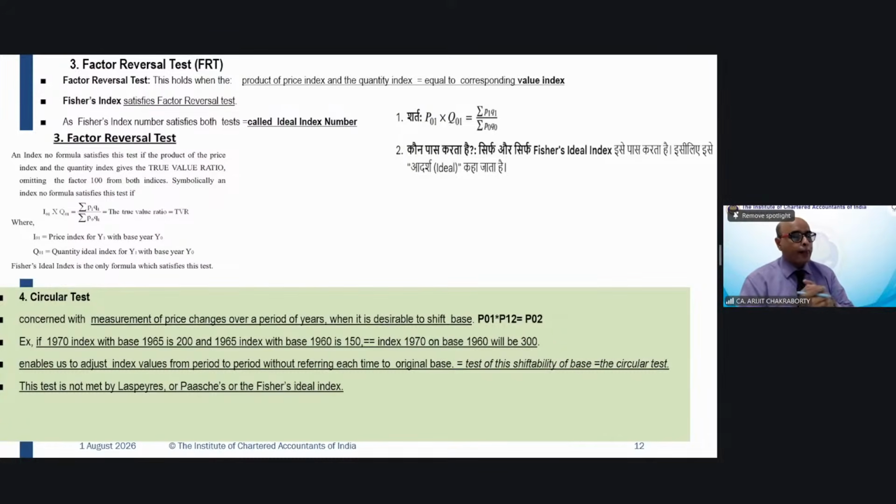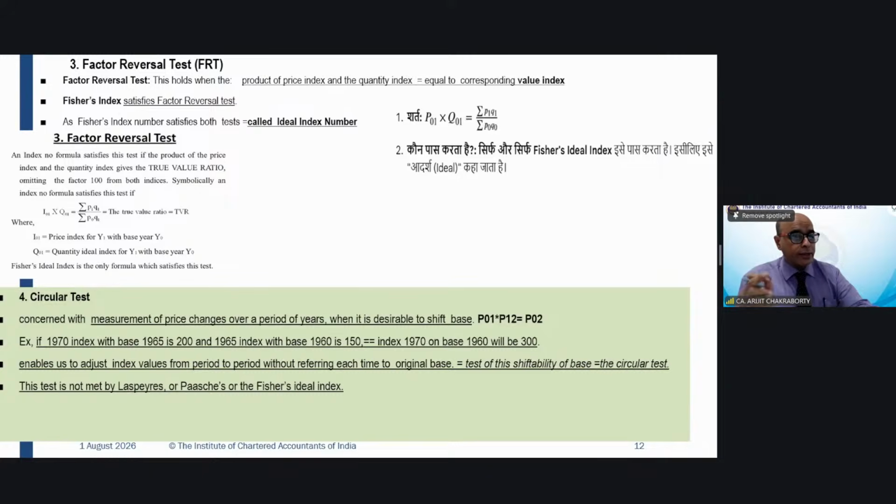So as an example, if 1970's index with base 1965, that means 65 is the 0 year, yani base year. 1970 ka index with respect to 1965, that means P10 is 200. Now let us see 1960.